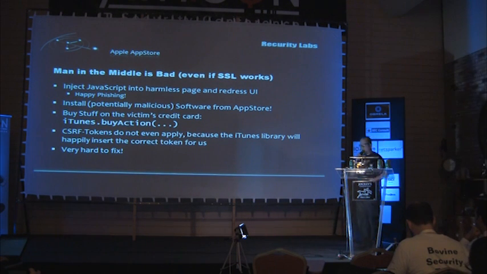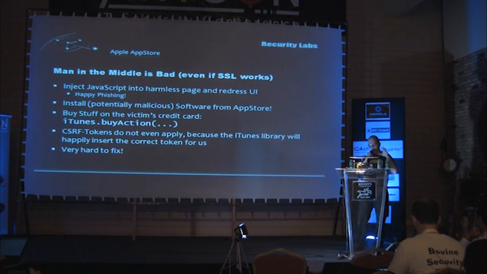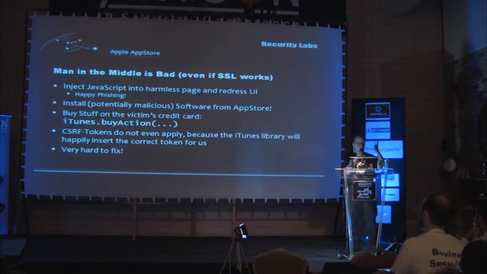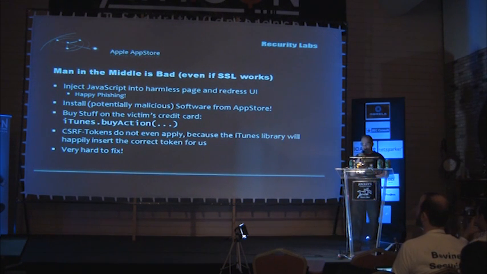They have CSRF tokens that are meant to prevent CSRF-based attacks. However, since the libraries are WebKit libraries, they will happily fill in the tokens for you, so the attacker doesn't have to care about them. And this all is pretty hard to fix.